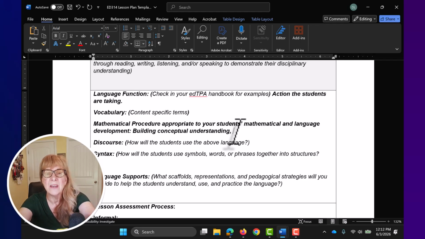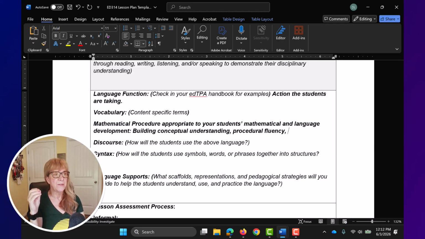Sometimes though they have it and you're just building fluency. Are you just giving them opportunity to develop procedural fluency? As in reading, students don't just learn how to read, right? We have to give them opportunities to read often so that they can build their fluency. Same with math.